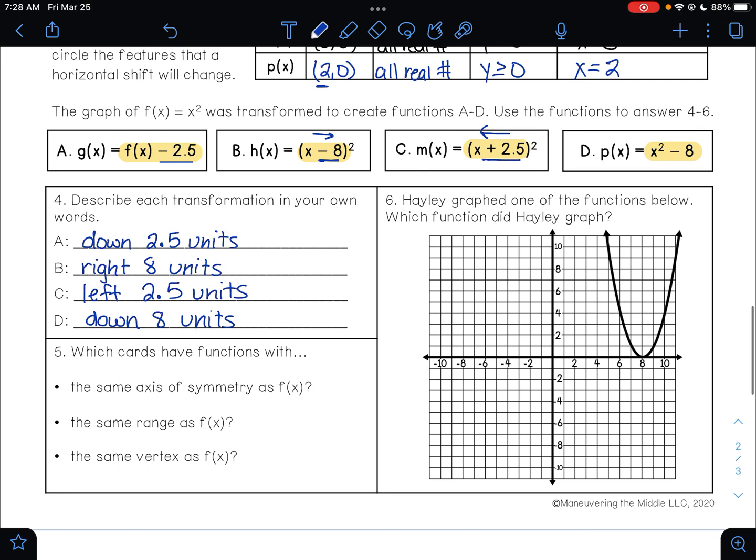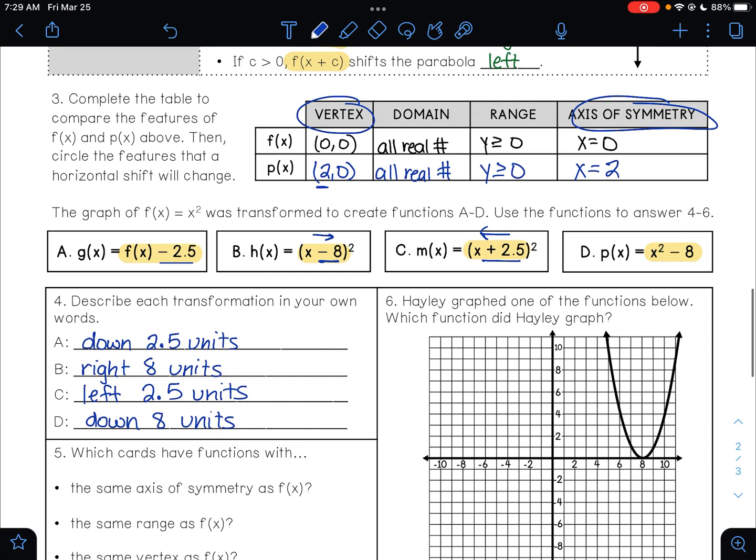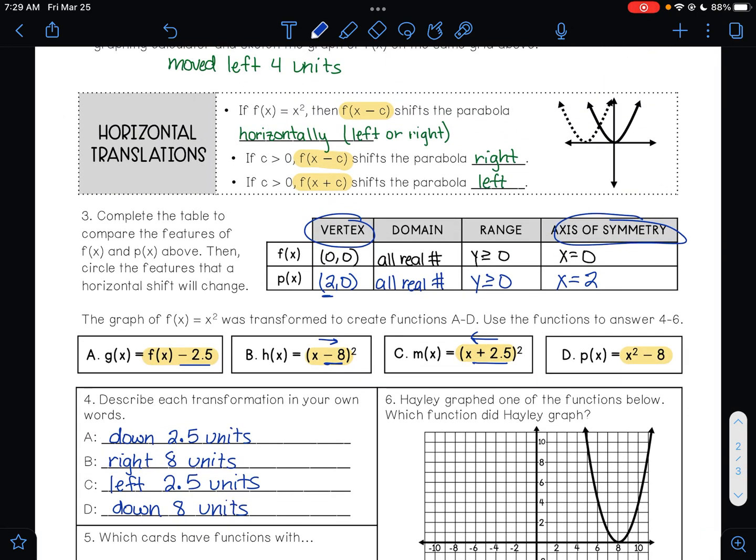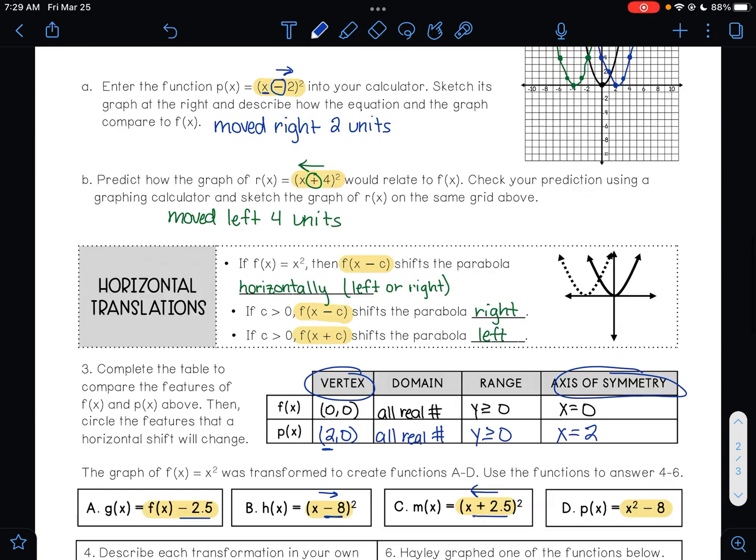Okay, awesome job. Next, which cards have functions with the same axis of symmetry as f of x? Remember, when we did horizontal translations, meaning moving left or right, the axes of symmetry were different.